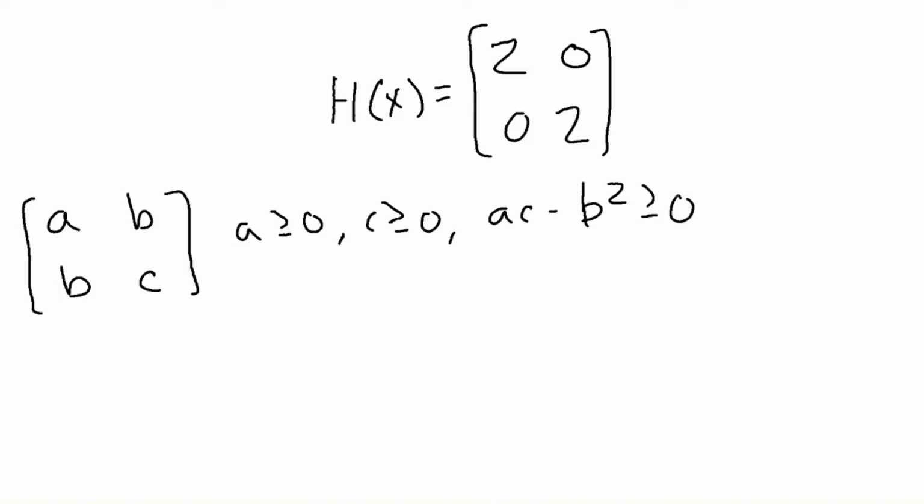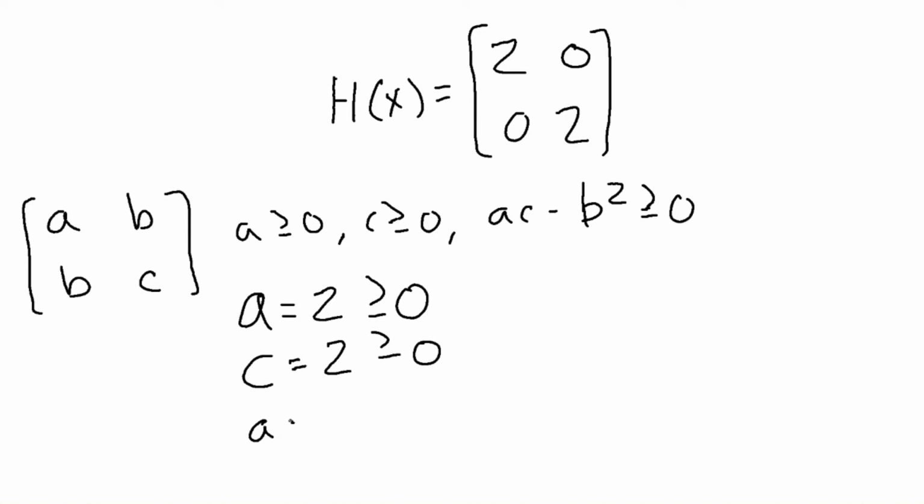So let's check to see if those three conditions hold for our Hessian matrix here, 2, 0, 0, 2. Well, A is 2. That's non-negative. C is 2. That's non-negative. AC minus B squared is 2 times 2 minus 0 squared.